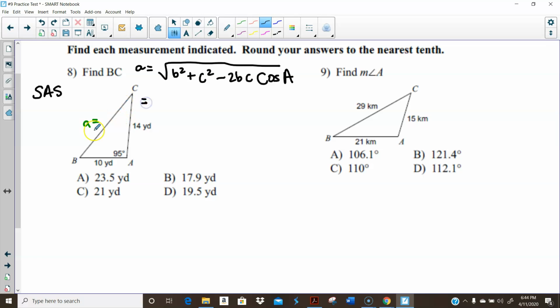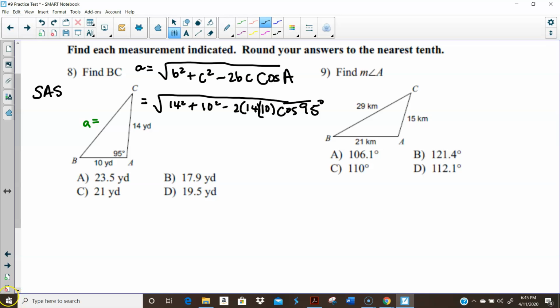So I'll call this side A, which is going to equal the square root of b squared, which is 14 squared, plus c squared, which is 10 squared, subtract 2 times 14 times 10, cosine of that angle, 95 degrees.